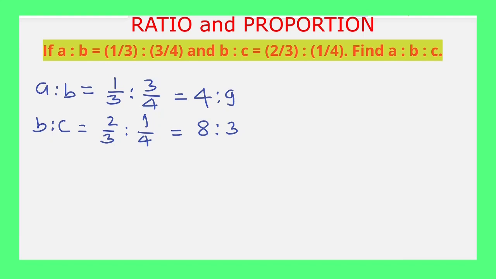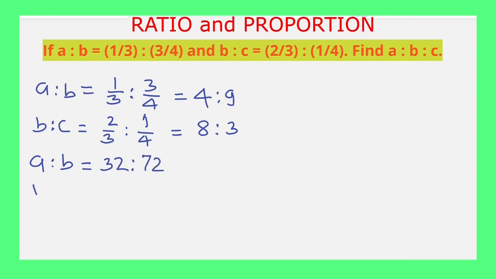For making B 72 in A ratio B, what we have to do? We have to multiply both the values 4 and 9 by 8, so that when we multiply 8 to 4 and 9, we get 8 times 4 is 32, and 9 times 8 is 72.